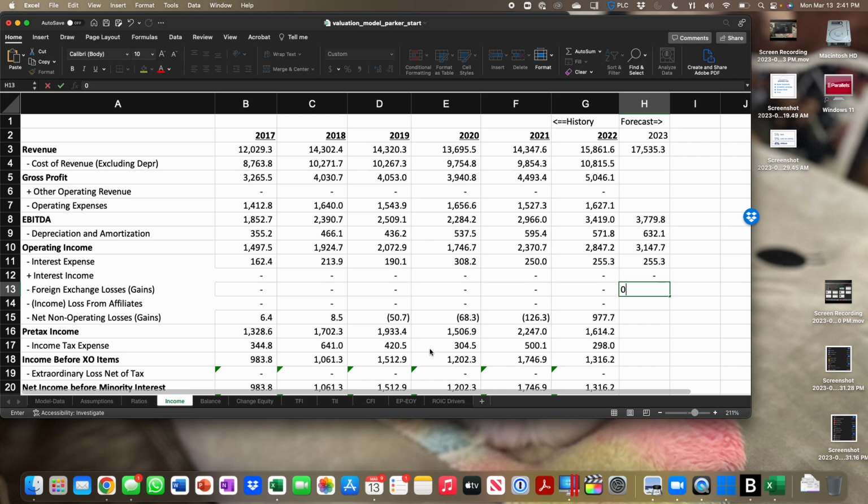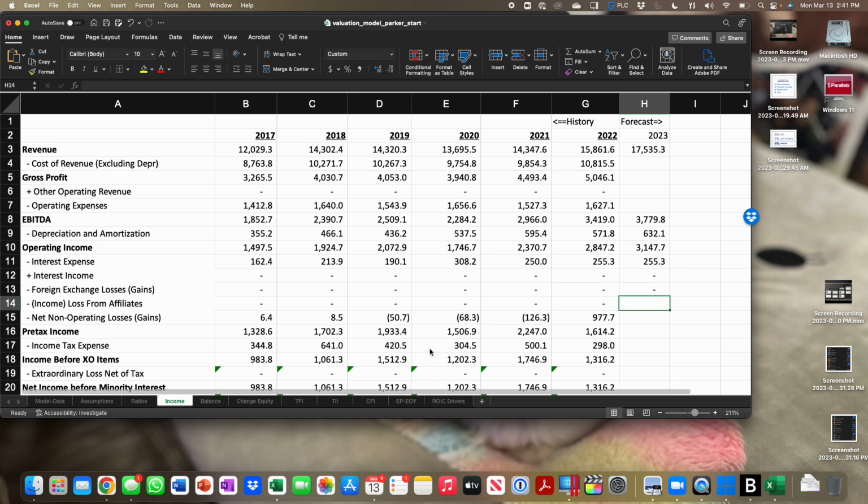So it's really hard to forecast gains and losses if I don't know what's going to happen to the currencies. So we're not. And again, they will not affect the valuation. Now again, if you know that a company is going to have big gains or losses because you think what's going to happen to the currency, you can always go here and change it. But I'm telling you, it won't affect the free cash flow valuation. Okay, so 0.